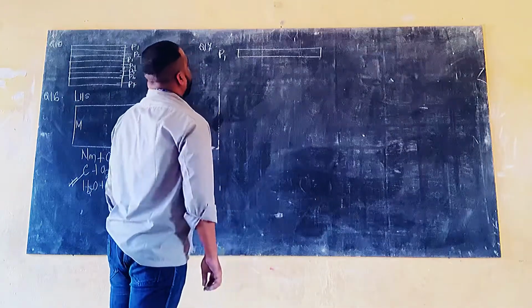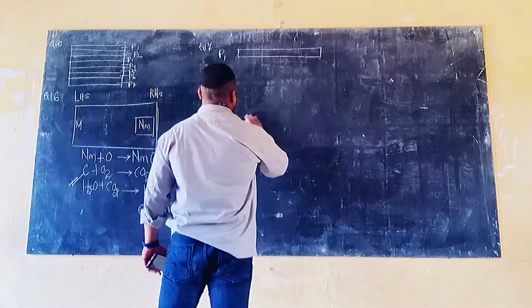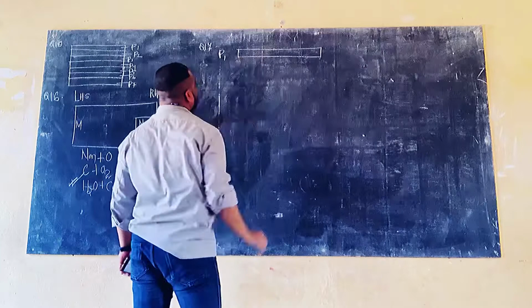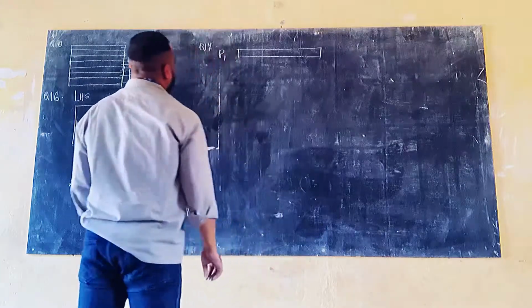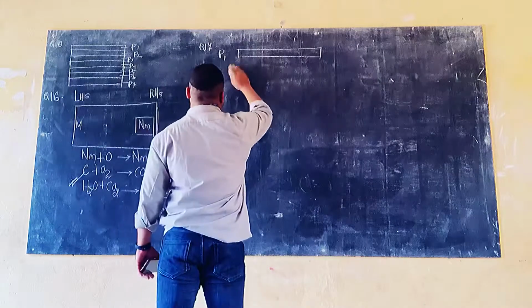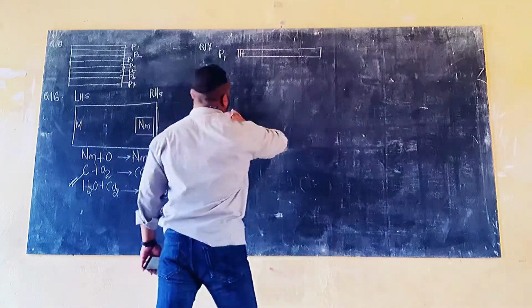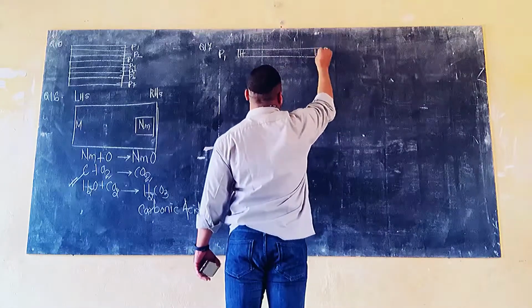Okay. In period 1, how many elements will be placed? Only 2 elements will be placed: one is hydrogen and in group 18 it is helium.